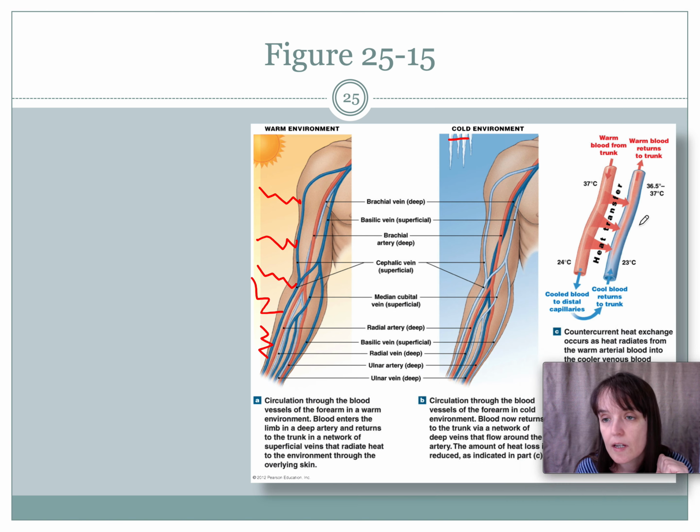The warm blood coming out heats the cold blood from your extremities going back to the trunk. And then the cool blood returning cools this blood as it goes to the capillaries so that you're not wasting heat on extremities that can't maintain it. So it's actually a pretty cool thing.